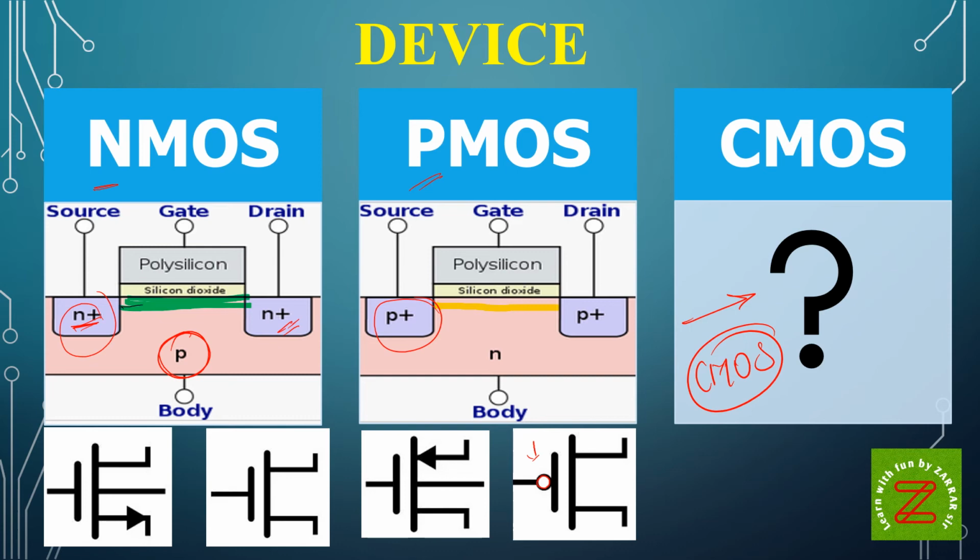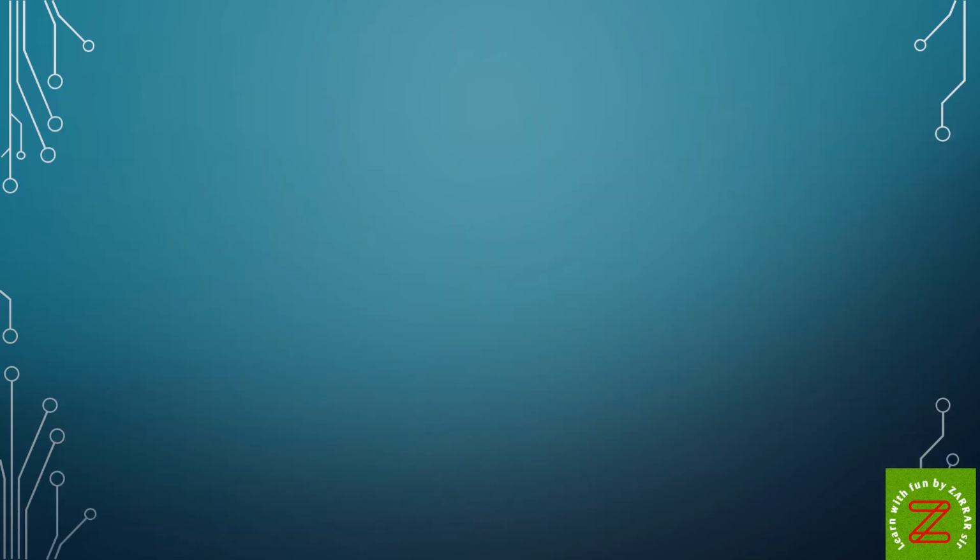You can get this image and memorize it, or you can see this image. So let's see how this fabrication can be made.